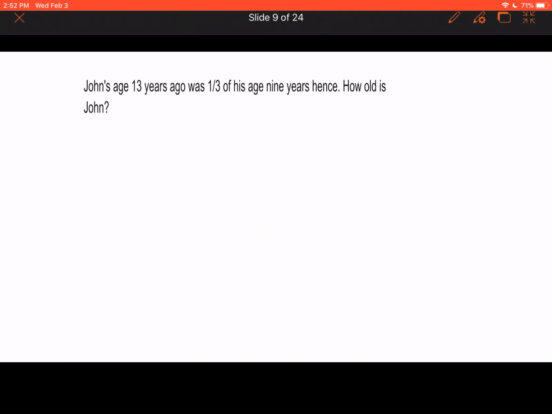Now we will move on to the next problem. John's age 13 years ago was 1/3 of his age 9 years hence. How old is John? So this is also again only one person involved. His age now is J, and after 13 years it is going to be J plus 13.